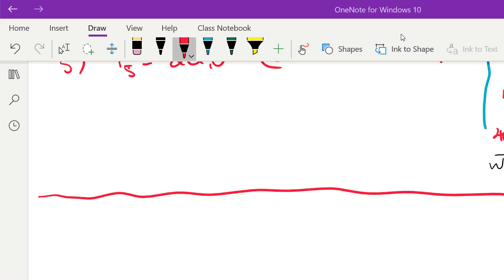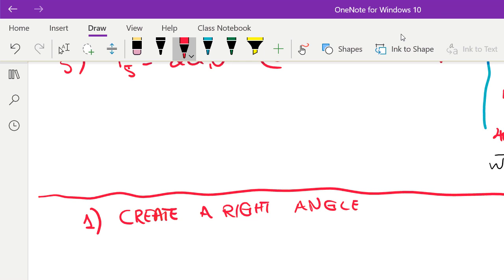So step 1 will be to create a right angle triangle that includes the given angle, whatever angle is given.